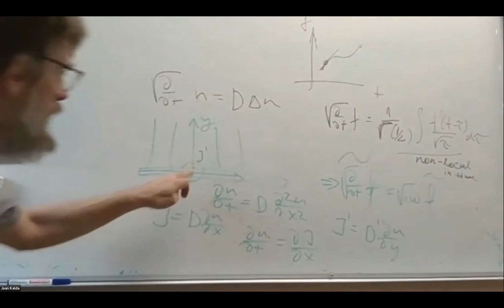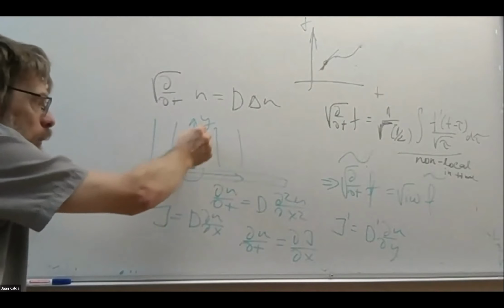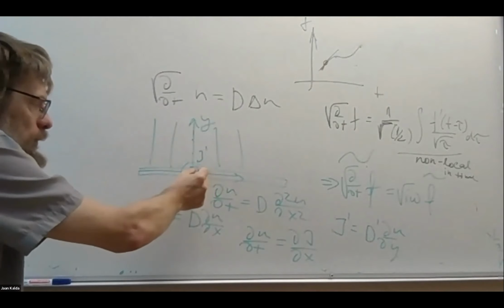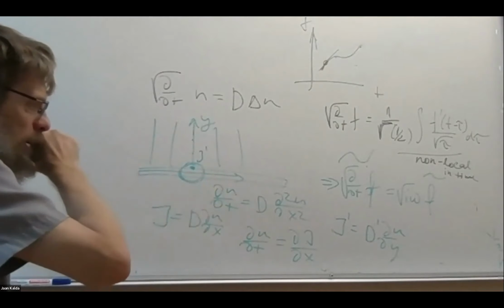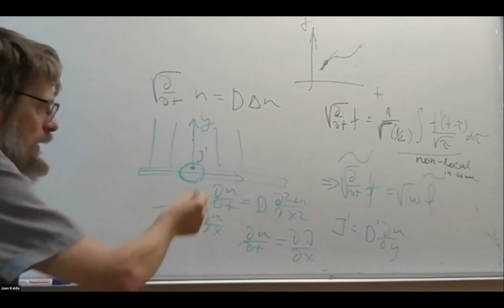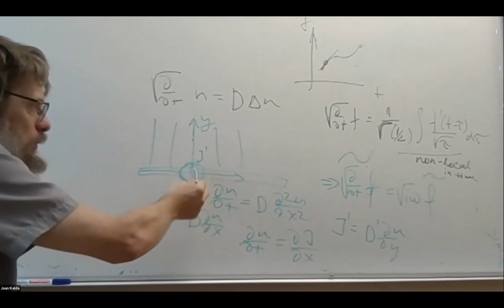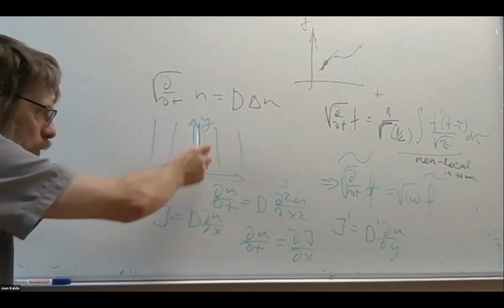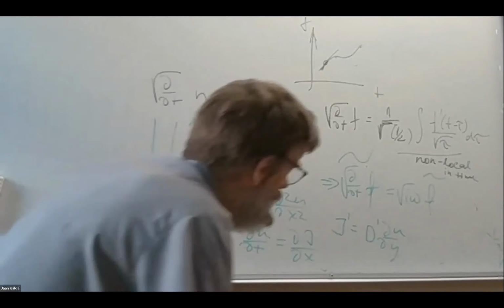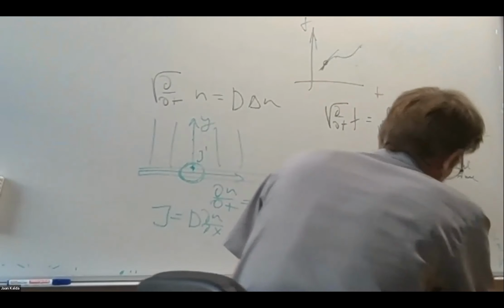But what you're interested in is only the value of this derivative at this point here. We don't care how much flux goes elsewhere, but since we want to write the material balance of particles along the trunk, we need to know how much goes into the dot at y equal to 0.